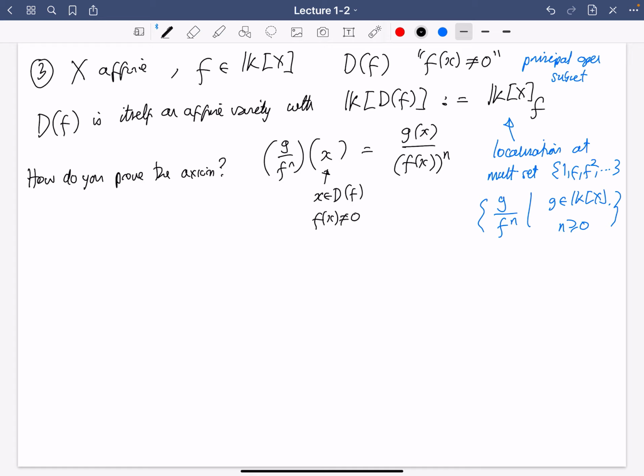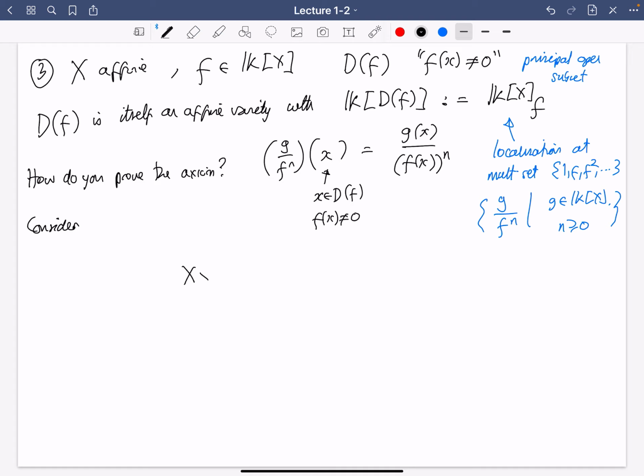Okay, so I've given you a set and I've given you the functions, but you actually have to prove the axiom. And well, one nice trick to do that is just to give a slightly different construction of the same affine variety. So just to explain this little trick, what you do is you look inside X Cartesian product the affine line.